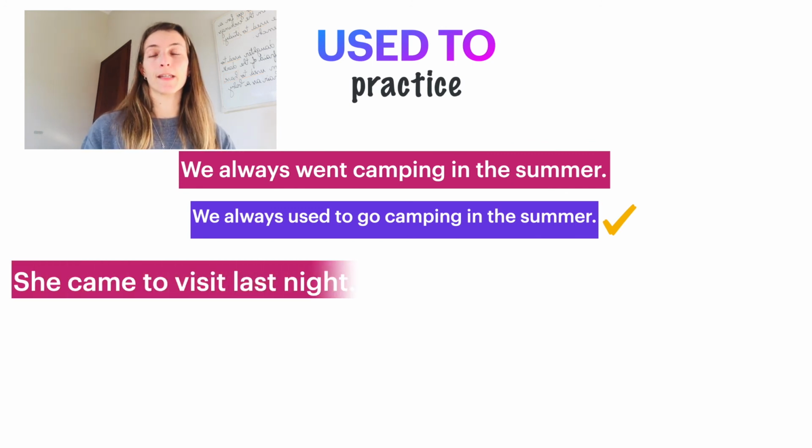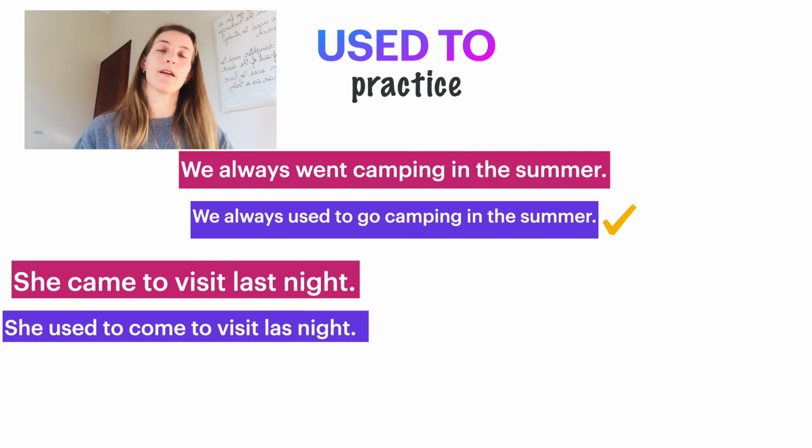The other example. She came to visit last night. So, can I say she used to come to visit last night? No, that doesn't sound correct. No está para nada bien porque estamos hablando de anoche, de un tiempo en particular en el pasado. Me faltó la T en last night. Okay, sorry about that.